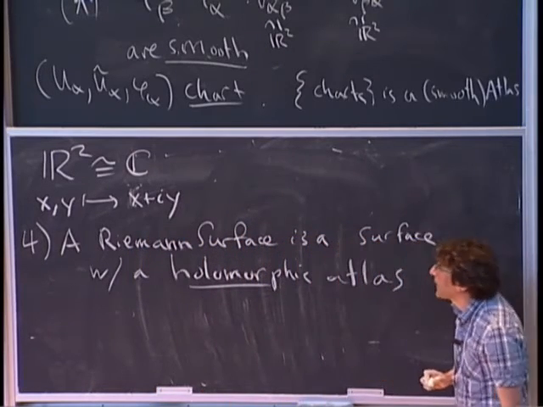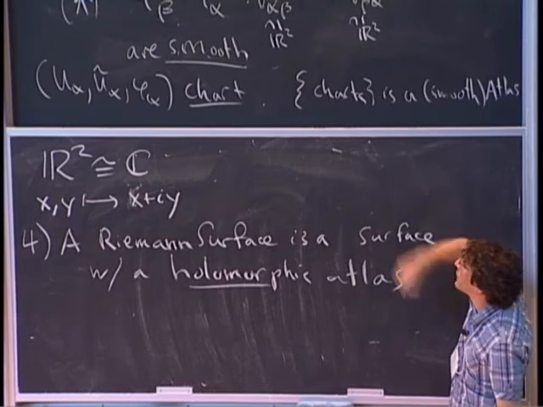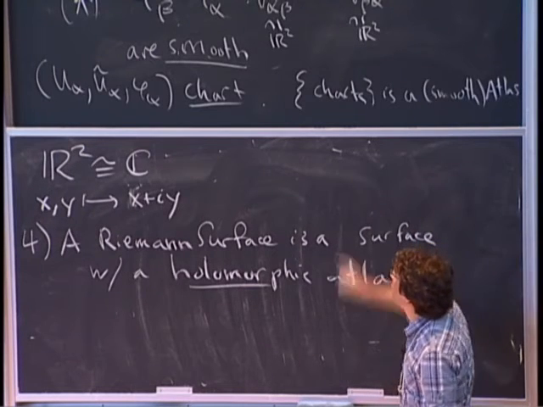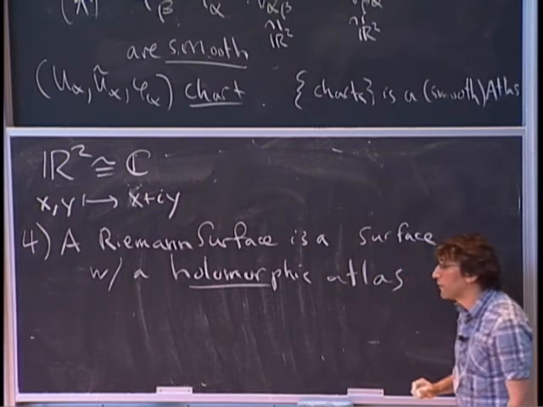In other words, we have coordinates, these phi alphas, and when we look at the transition maps, these are holomorphic maps.